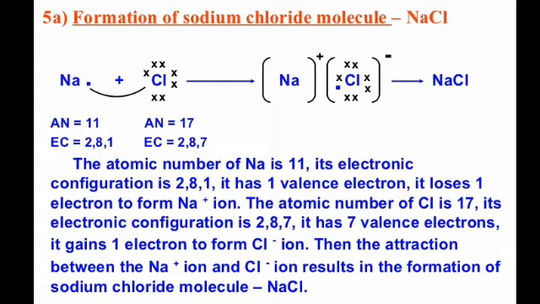So sodium has 1 electron extra, whereas chlorine has 1 electron less to attain its stable nearest noble gas configuration.